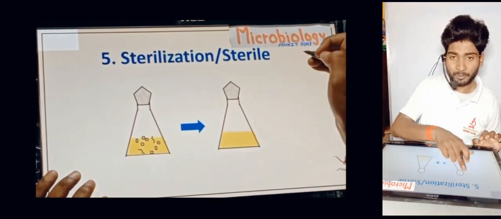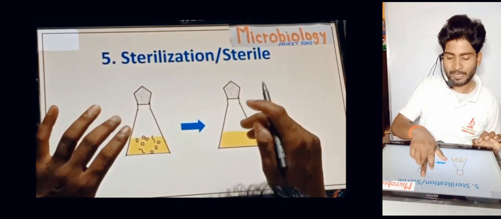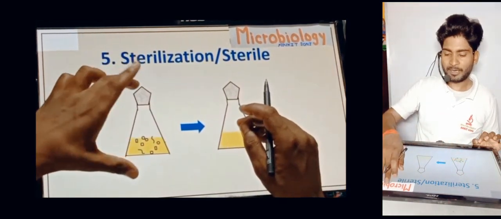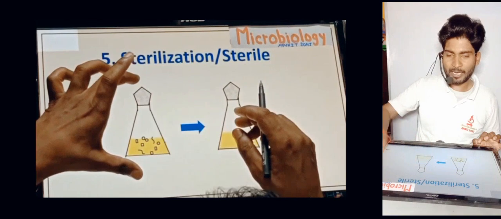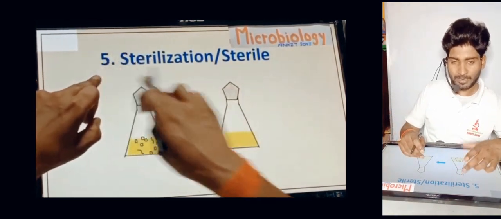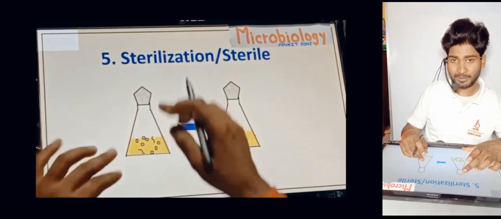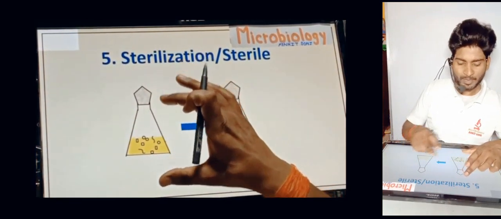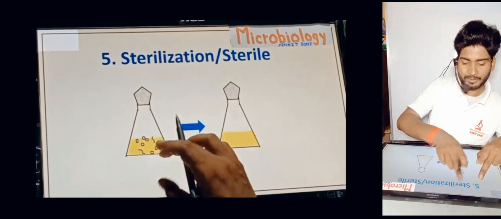The next term I am going to introduce you to here is sterilization. It is very important in microbiology. Everything we use in the microbiology laboratory for any purpose should be sterile in nature, and it needs to be processed to become sterilized, and that is known as sterilization.